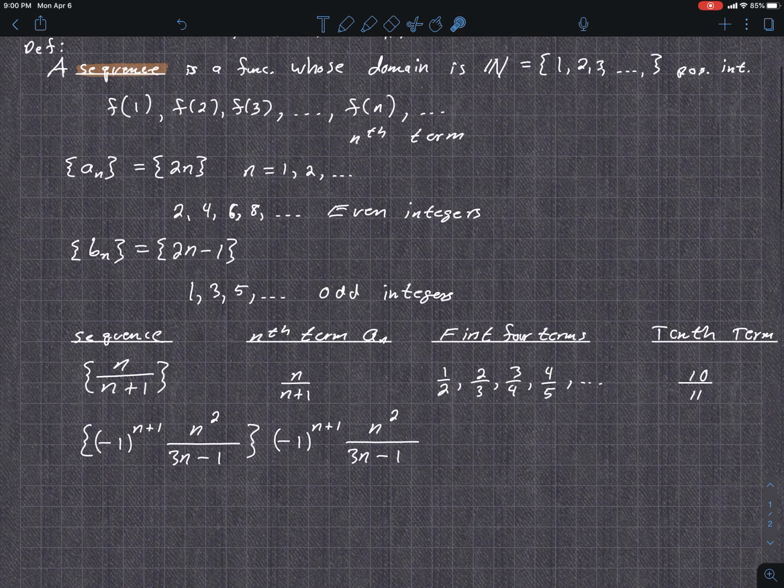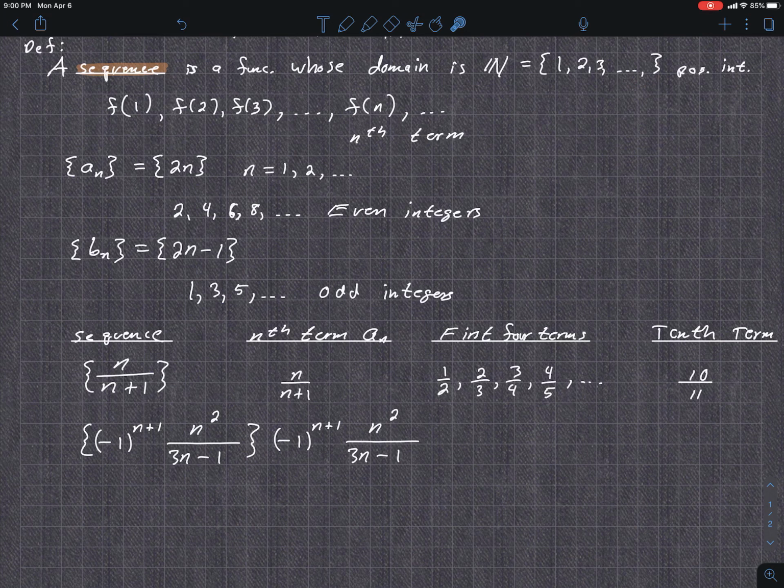And then for the terms of the sequence, you're just evaluating again for your integers. So your positive integers, you're putting in 1 through infinity. And you'd have 1/2 again.